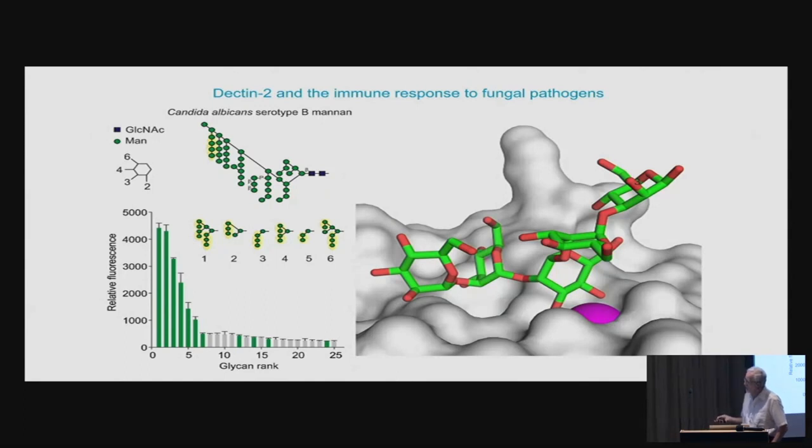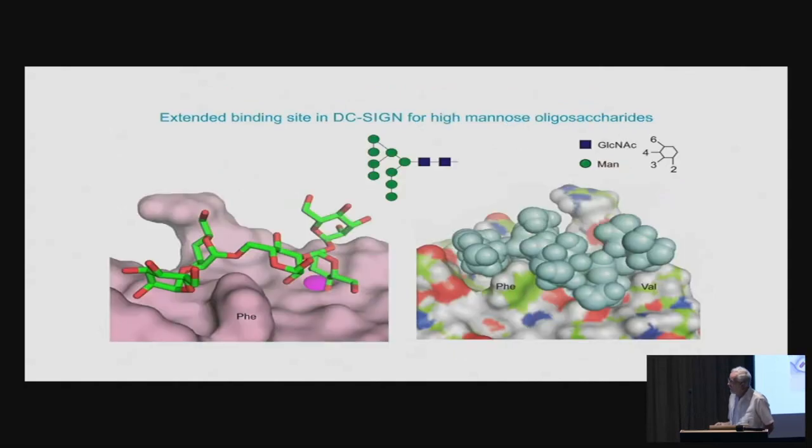So the binding site is extended and there's kind of a secondary binding site over here. So we can gain specificity by extending the binding site and make it more of an oligosaccharide binding site. And we gain some affinity, although still not a huge amount. There are multiple ways of interacting with high mannose oligosaccharides.